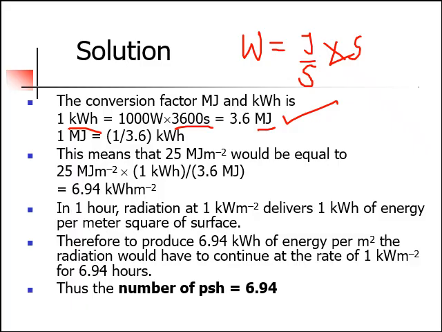So that means this 25 megajoule per meter square, in terms of kilowatt hour, will be 6.94 kilowatt hour per meter square, right?